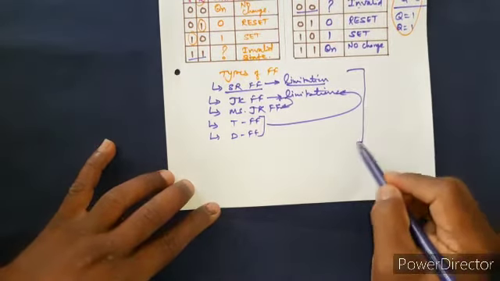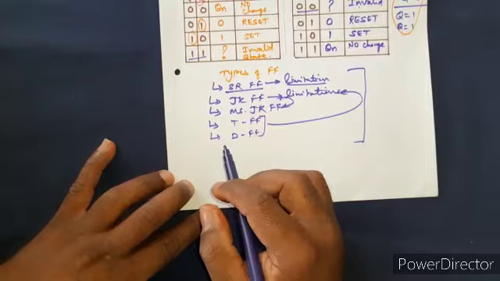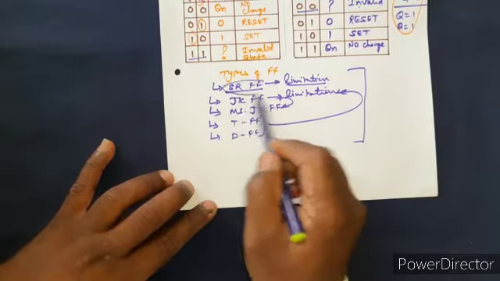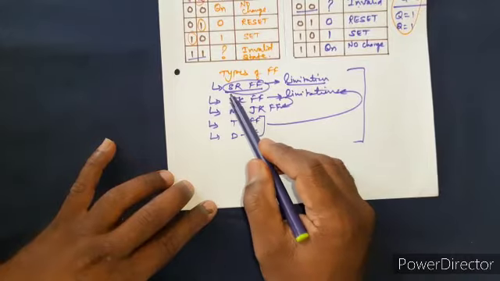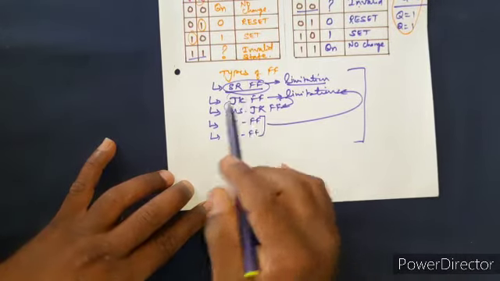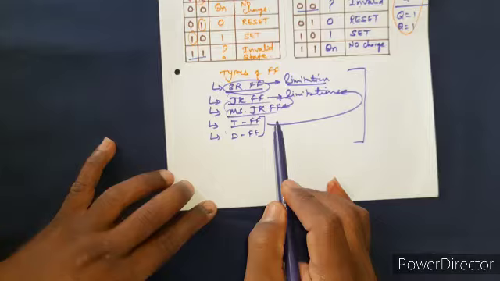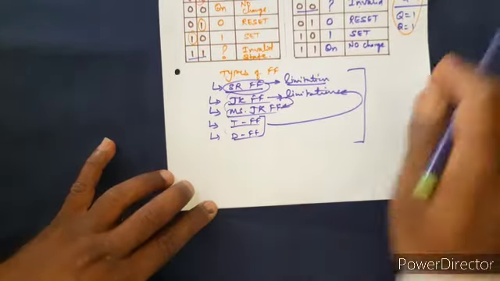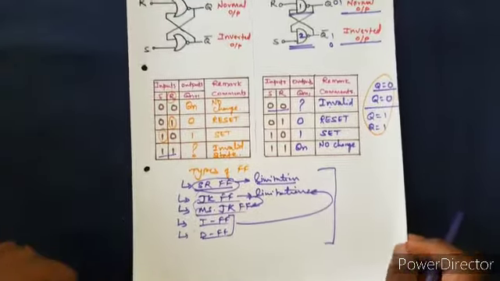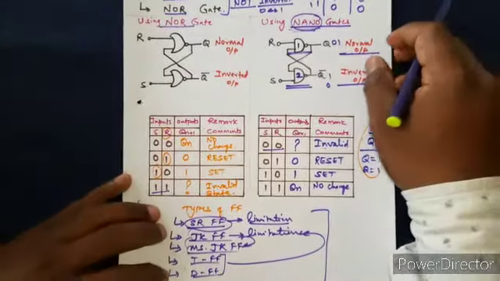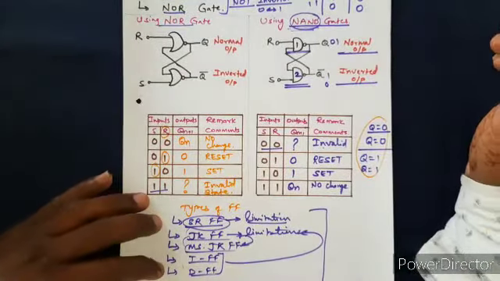My point in explaining these types of flip-flop is that this forms the base. If you understand SR flip-flop, then it is slightly modified to form the JK, master slave, T and D flip-flop. So understanding the working of SR flip-flop using NAND gate or NOR gate is very important.